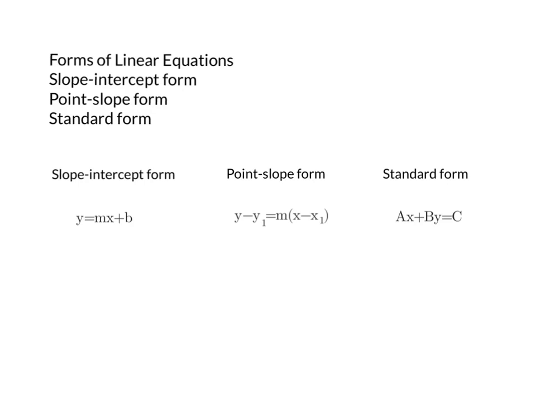For our first form, slope-intercept form, y equals mx plus b, we're actually switching out m and b, where m is our slope and b is the y-intercept. In point-slope form, the ones that switch out are y1, x1, and m.